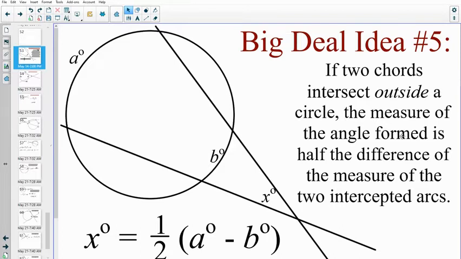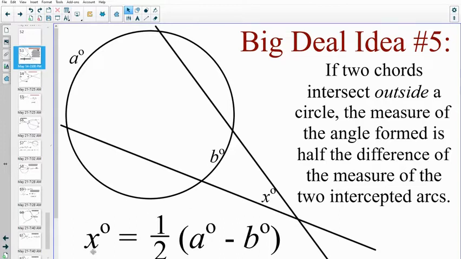The types of problems that I'm going to do will be very similar to what we saw on Friday as well. But this one says that if two chords intersect outside of the circle, so this point of intersection is out here on the exterior of the circle instead of the interior, the measure of the angle formed is not the average, but half of the difference of the two intercepted arcs.